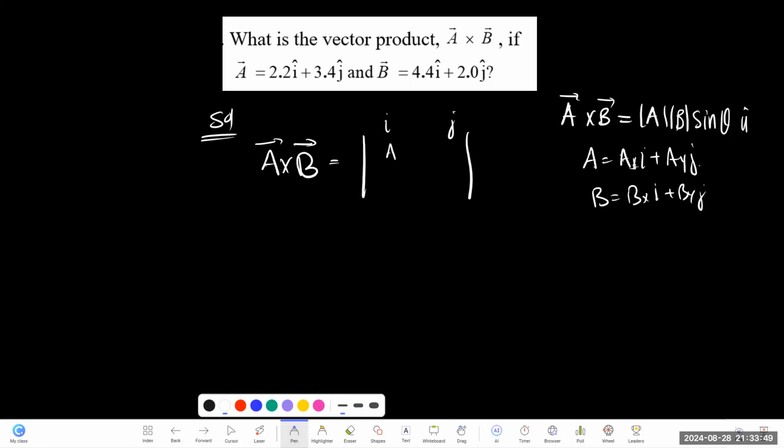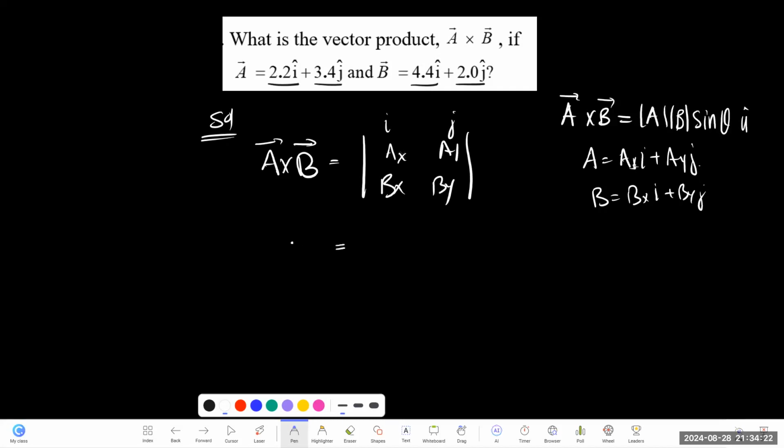So I'm going to write the Ax and Ay components. This is my Ax, guys, that is my Ay, and I'm writing these vectors here: Ax, Ay, then Bx, By, and do the determinant.